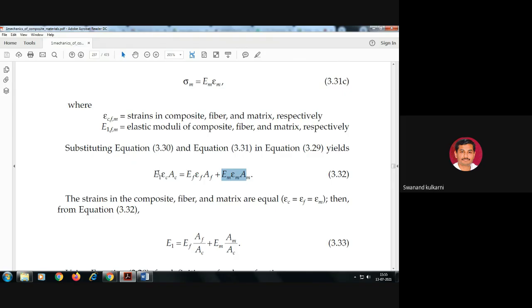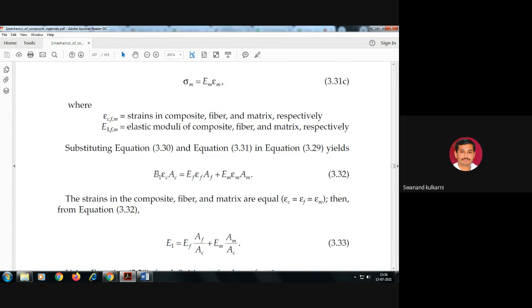Is it okay? So this particular term is the force acting on the composite material, this is the force acting on the fiber material, and this is the force acting on the matrix material. So force acting on composite material is the addition of force acting on fiber material plus force acting on matrix material. Is it okay? So the forces acting on composite, fiber and matrix can be represented in that way.